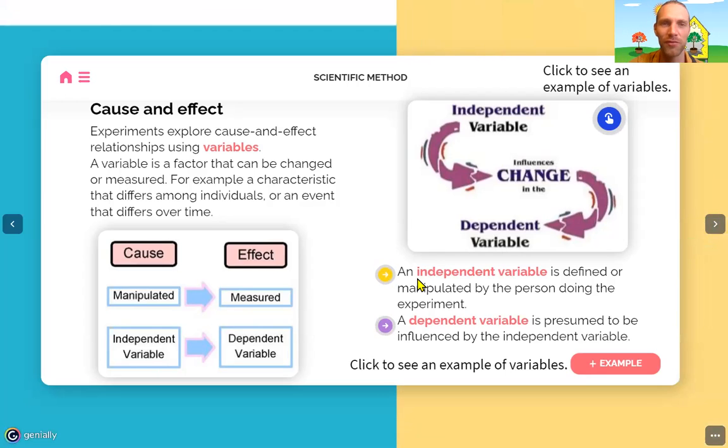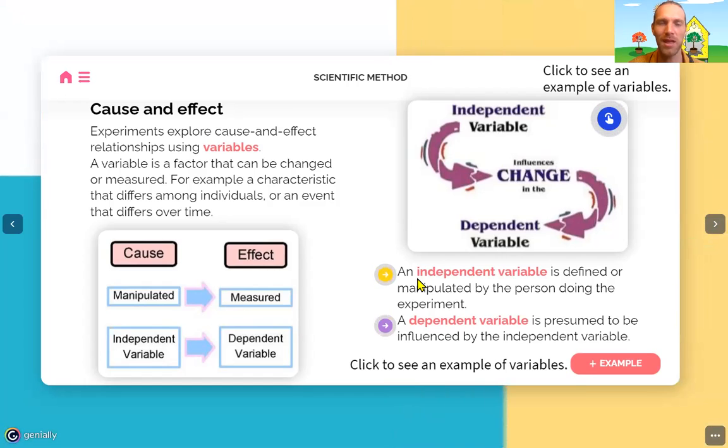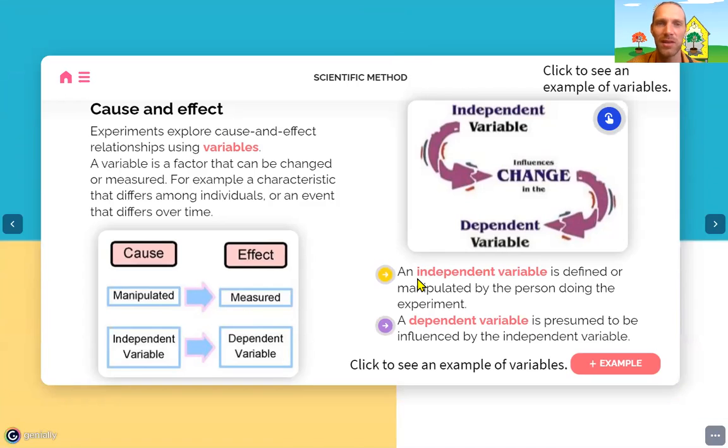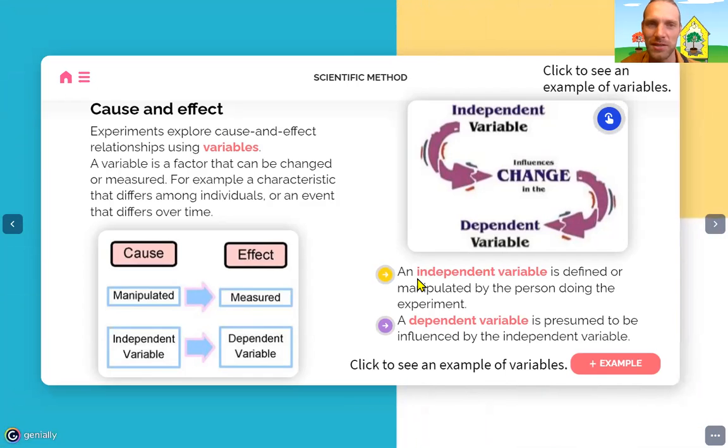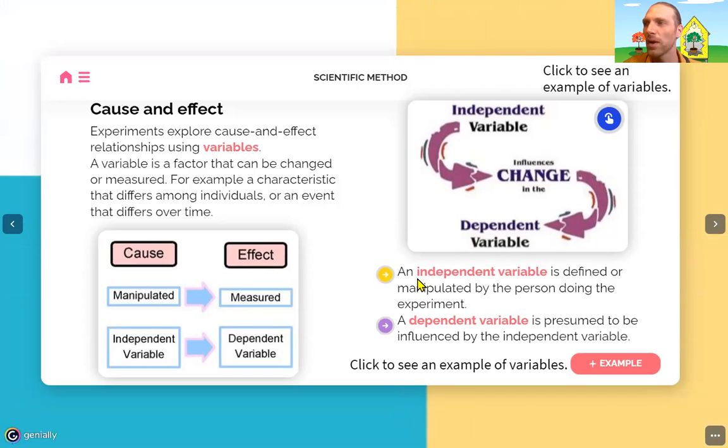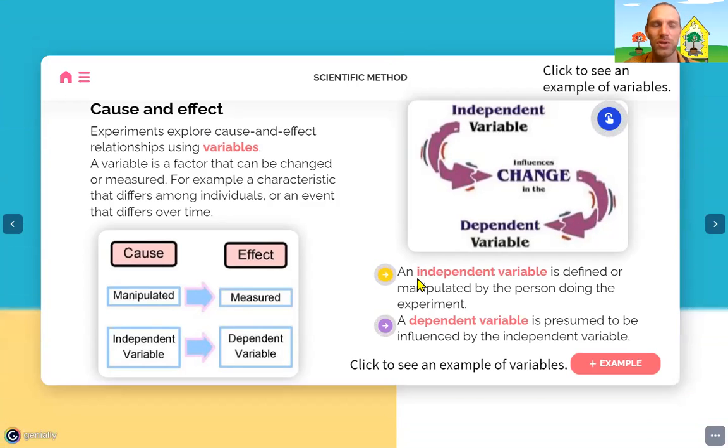So if you look behind my head, you see two conditions, and there is one variable that is different in both situations. Then there is the dependent variable, which is basically the same. So who can tell me what is a manipulated variable in the background you see behind me?